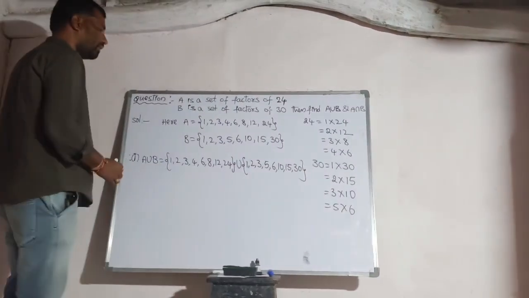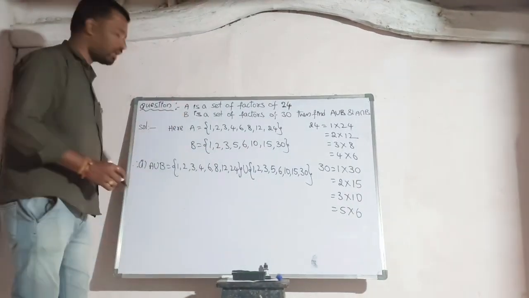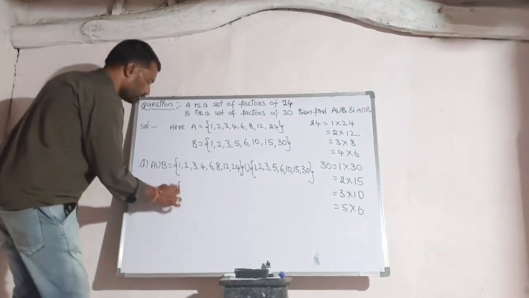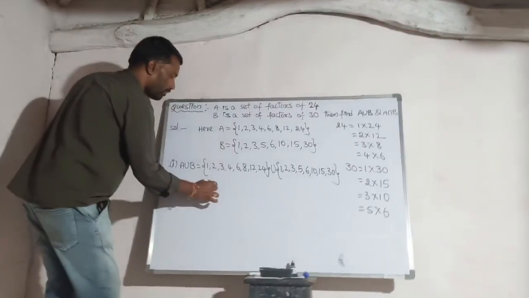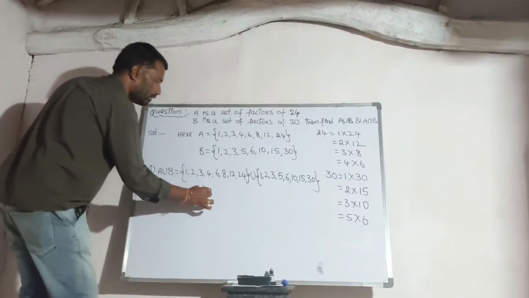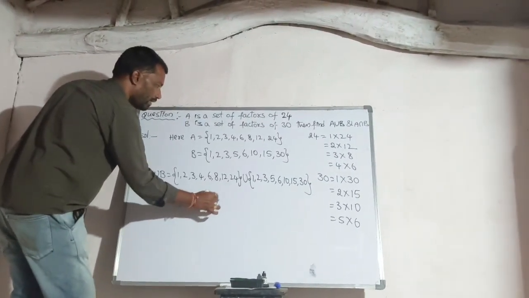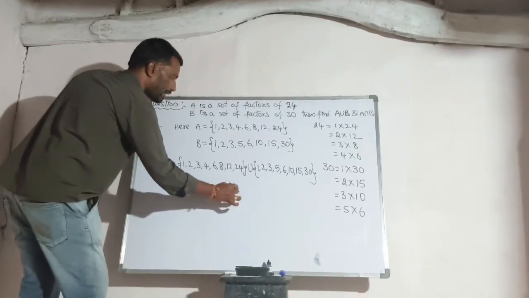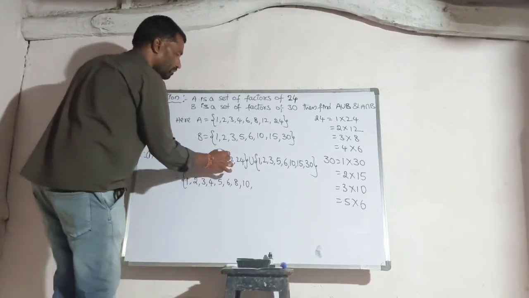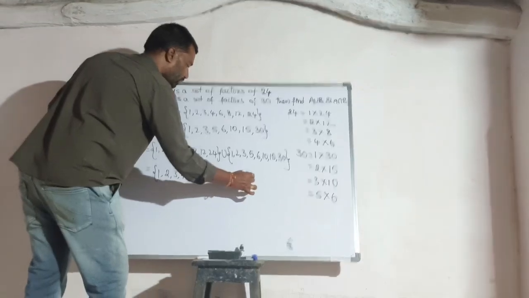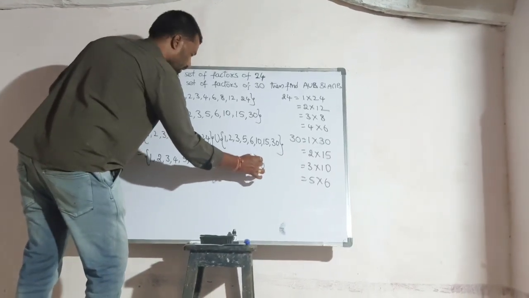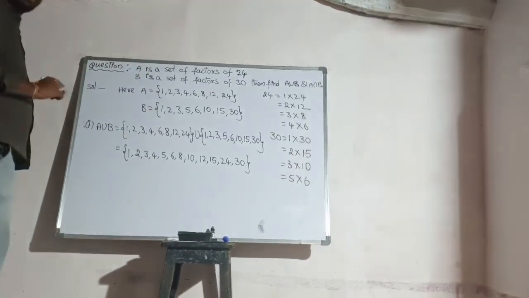Union means all elements. If they are repeated 2 times, we write only 1 time. 1, here and here, we write 1 time. 1, 2, 3, 4, 5, 6, 8, 10, 12, 15, 24 and the last one, 30. This is A union B.